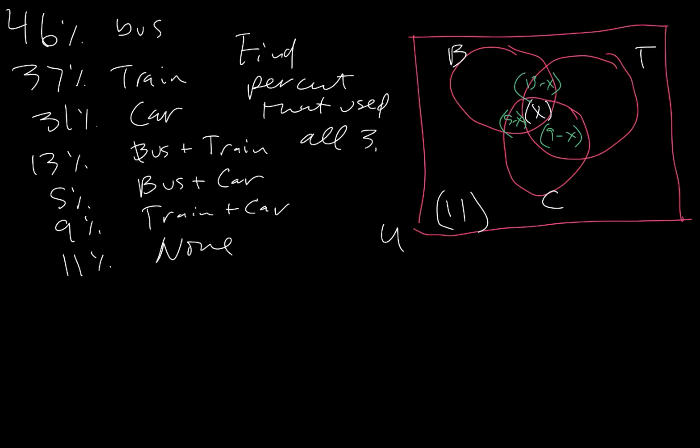Okay, now this is where it gets a little crazy. We need to write what's going on right here. So let's start with car. So we have car right here, and the car is going to be x plus 17.